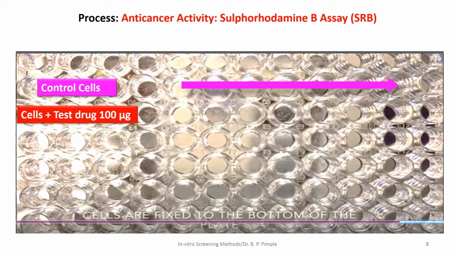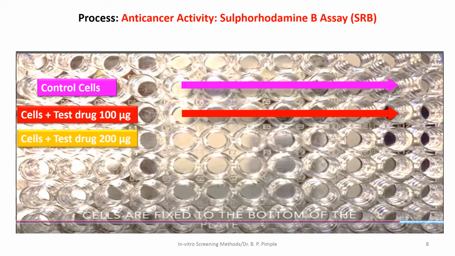Let us take an example of, say, X drug at 100 microgram concentration, mixed with the cells, and the solution is now spread across these wells. So these lower 8 wells indicate the cells that have been treated with the test drug at this concentration, that is 100 microgram.